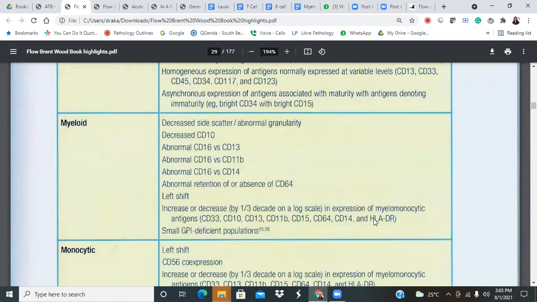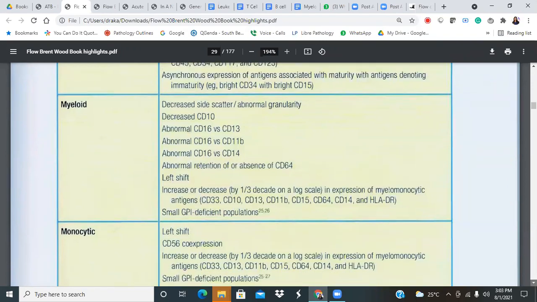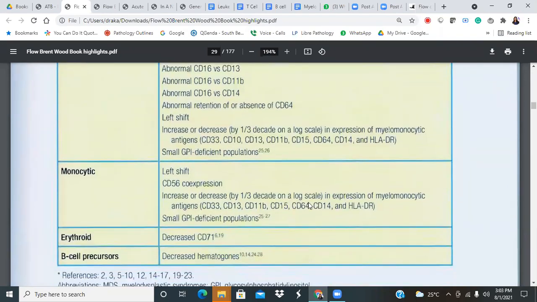And I mean, truly speaking, this is really hard. I am still not very good at identifying everything that are abnormal populations. Monocytes: monocyte CD56 co-expression. So when CD56 is starting to co-express, increase or decrease by one third or a decade on the log scale in expression of myelomonocytic antigens.